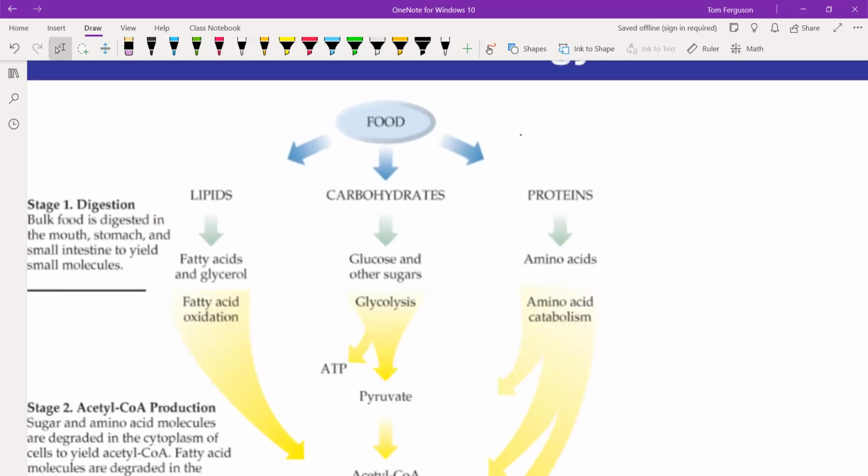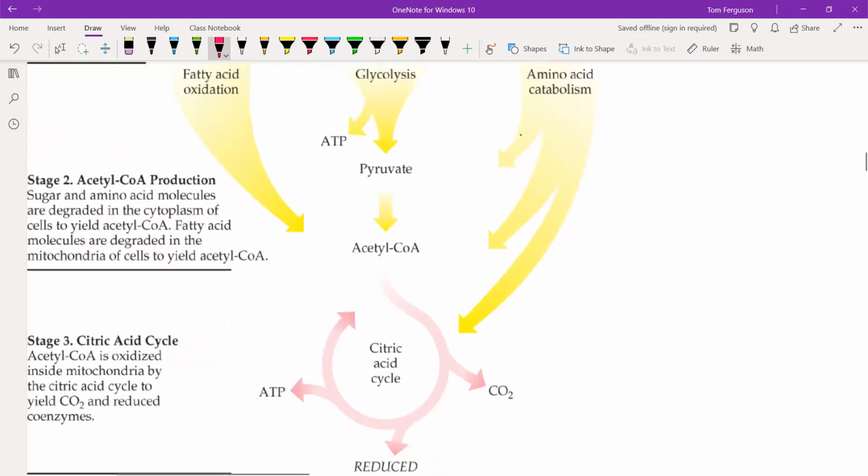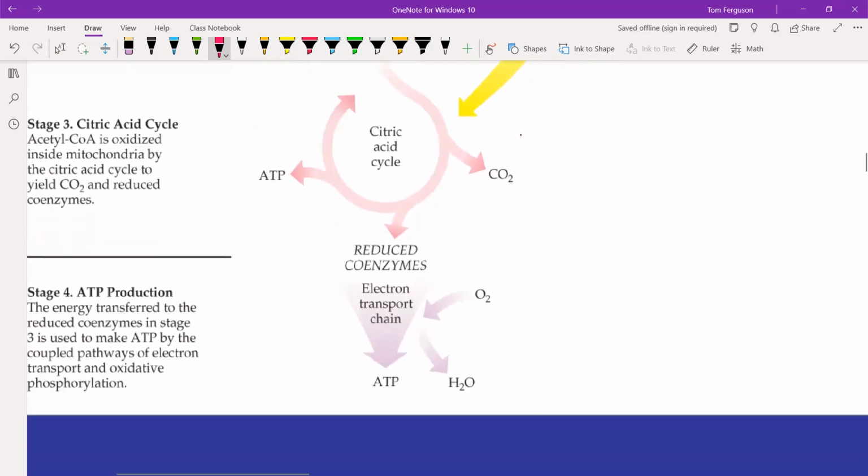So food supplies these guys, and then these guys, via pathways, give off carbon dioxide, water, and ATP.